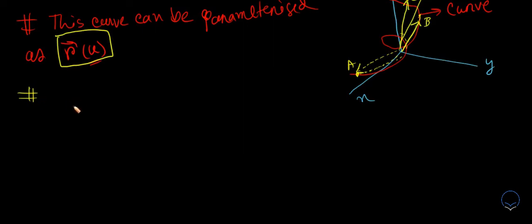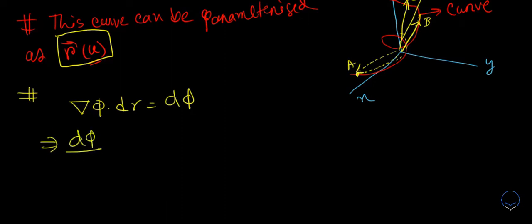So using the relationship above, that is del phi dot dr equals d phi, we can write that del phi by del u, that is, you are differentiating the field with respect to the parameter, will be just del phi dot del r by del u.